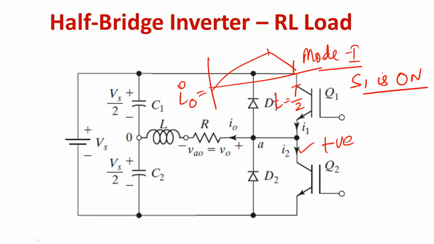But Q2 is turned on. Thyristor Q2 is turned on, and as a result, diode D1 will start conducting. Because of that, the direction of current I1 will get reversed, so we get a negative value of I1 beyond T by 2.